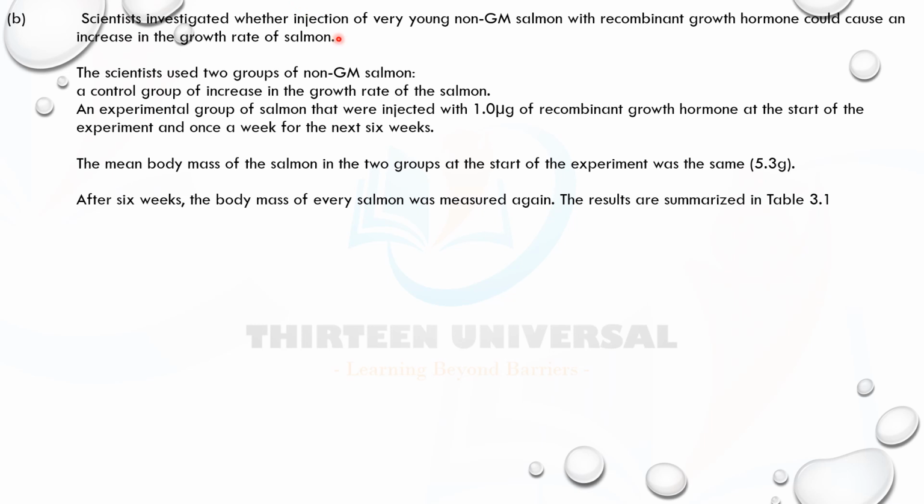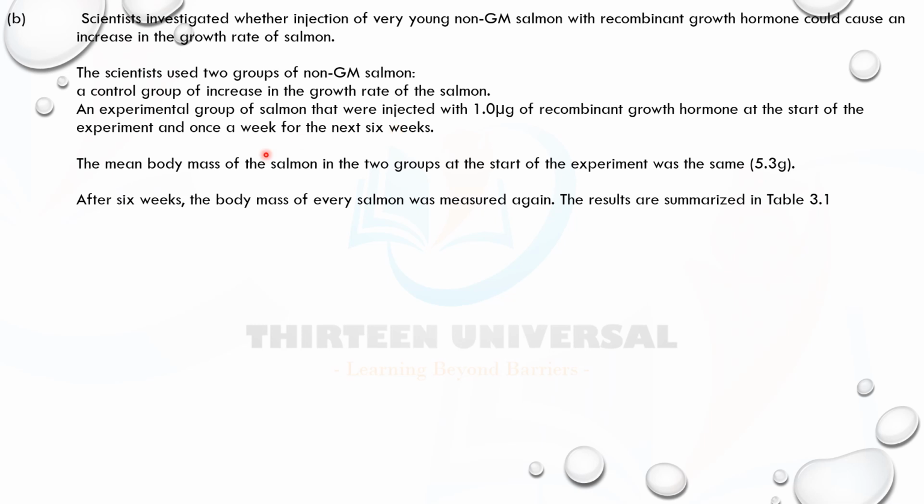Scientists investigated whether injection of very young non-GM salmon with recombinant growth hormone could cause an increase in the growth rate of salmon. The scientists used 2 groups of non-GM salmon: a control group, and an experimental group of salmon that were injected with 1 microgram of recombinant growth hormone at the start of the experiment and once a week for the next 6 weeks.